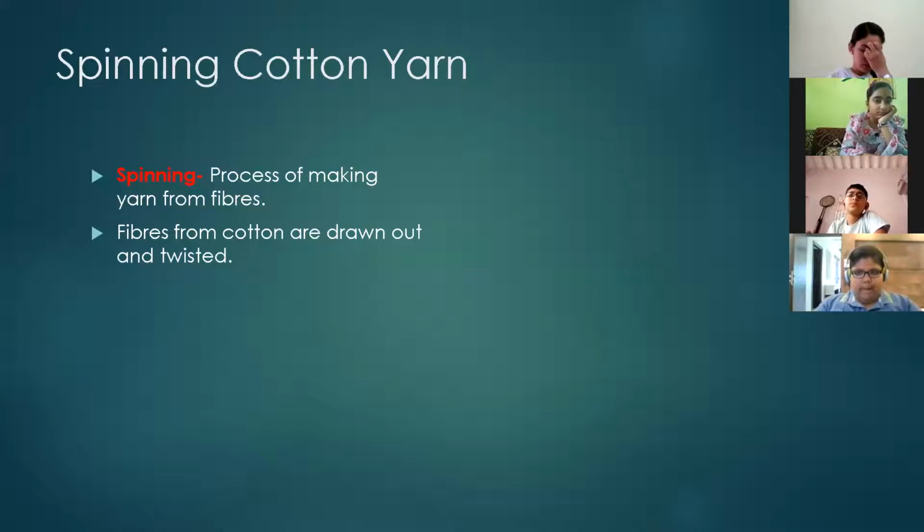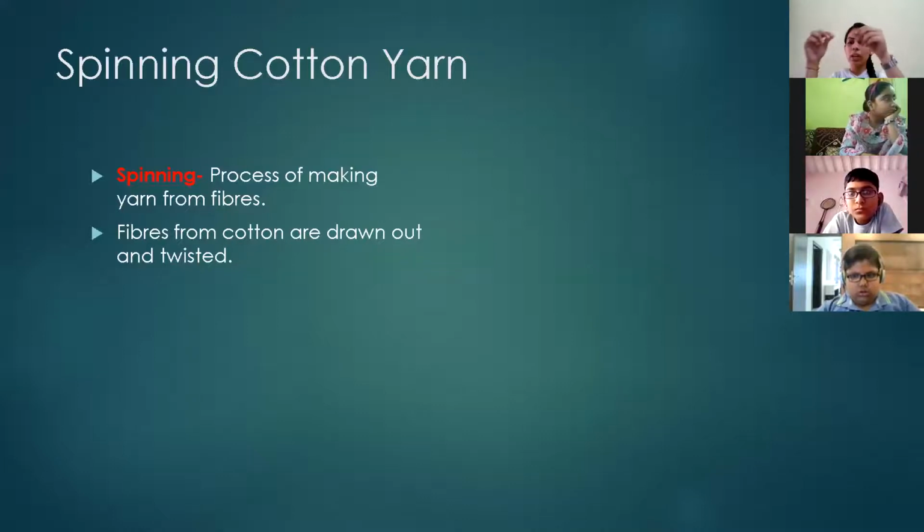So next, for example, I have made this yarn. You can make it. Just try it at your home. You can make this yarn of as much length as you want.